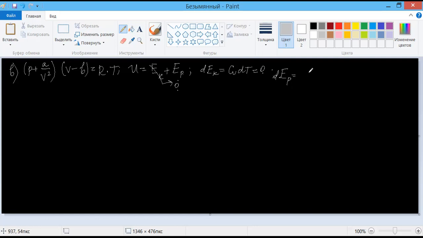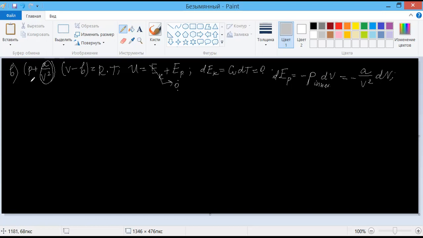In other words, we can write that it's minus P inner, the inner pressure, which equals A over V squared, times dV.